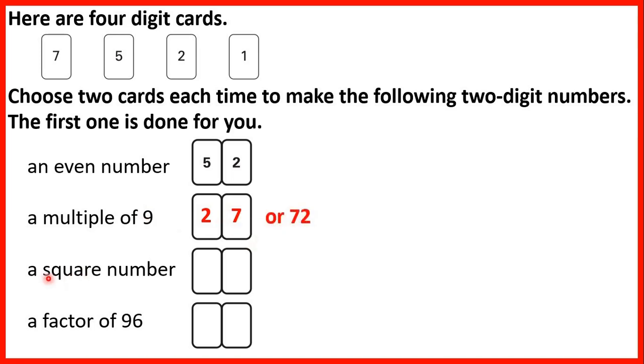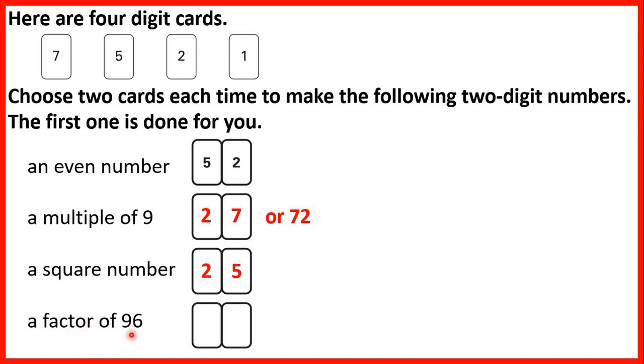Now we need to find a square number. So a square number is what you get when you multiply a number by itself. And 5 times 5 is 25, so we can have 25 as our square number. And finally, let's find a factor of 96.